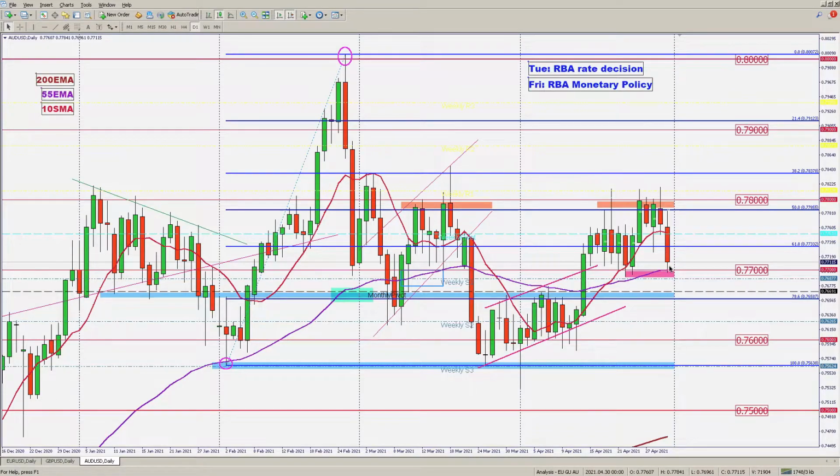Strong move back down towards the daily 55 EMA to hit the 0.7700 area.